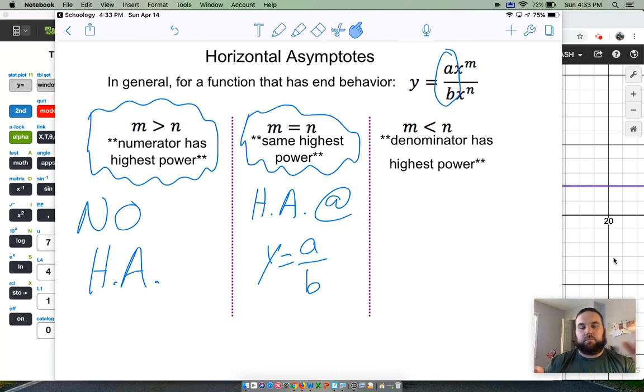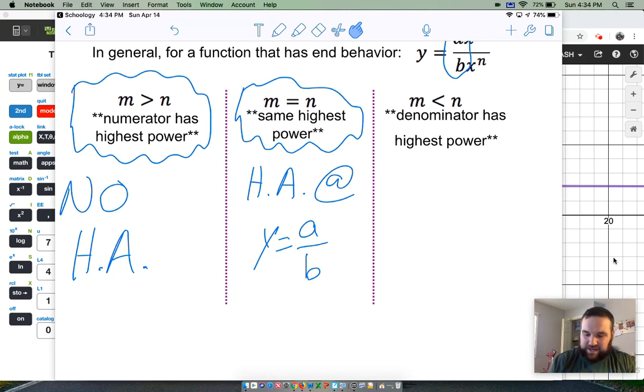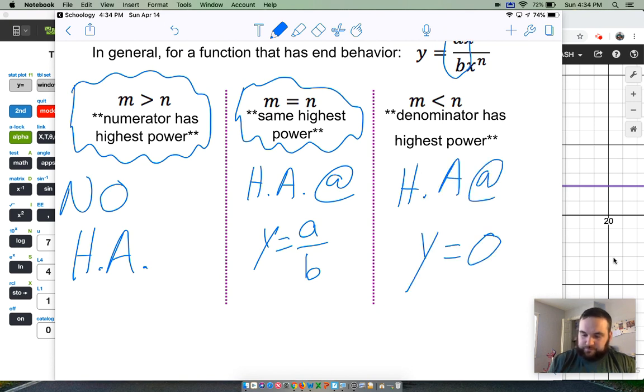But we're going to look back at the last 3 examples we just did, because each of those examples fits one of these 3 categories. And so we'll see what it looks like graphically. And then finally, if m is less than n, meaning the bigger power is on the bottom, that will always result in a horizontal asymptote at y equals 0.